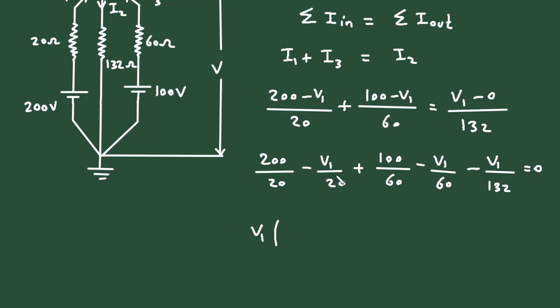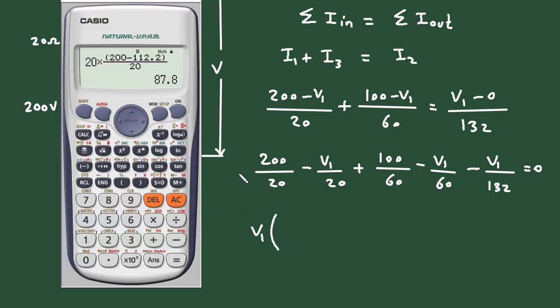We will take V1 common from here. So in the bracket this will be minus 1 upon 20, then minus 1 upon 60, then minus 1 upon 132.